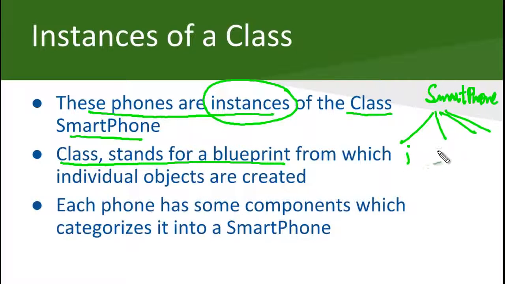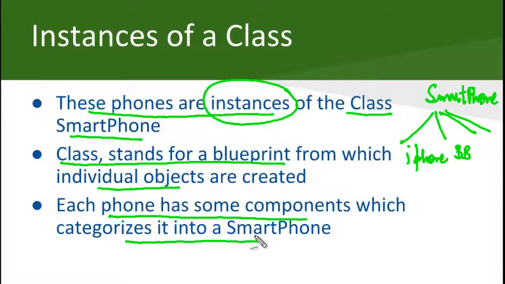It can have an iPhone, it can have a BlackBerry or anything else. So there is a basic blueprint and from this individual objects are created. Just understand the concept that in the real world there are various objects of similar kind. Now each phone has some components which categorize it into a smartphone.